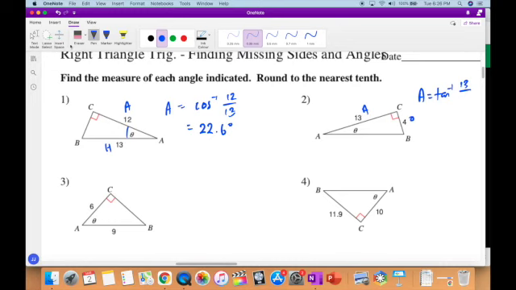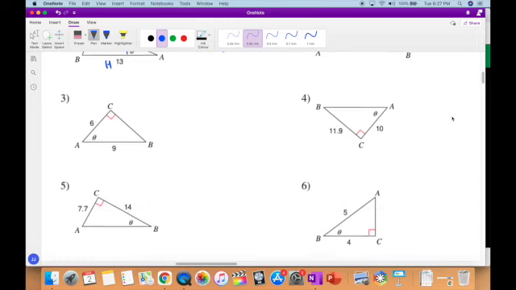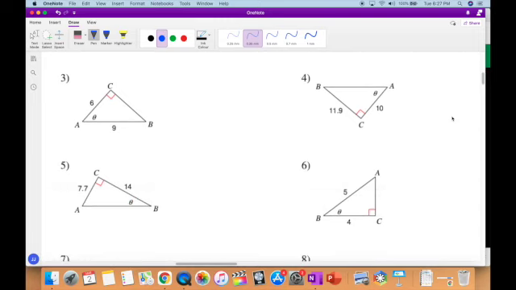No, it's opposite over adjacent, sorry. Opposite 4 over adjacent 13. So that is the tan inverse of 4 over 13. If you all just give me the answer, it would go a lot quicker. 17.1, right? Yes, sir. Alright. So all of these are pretty much the same.